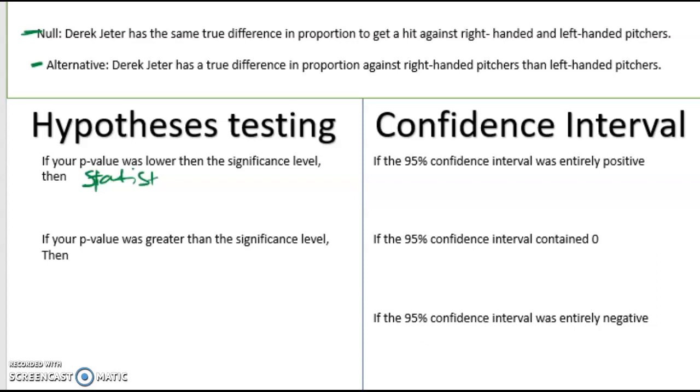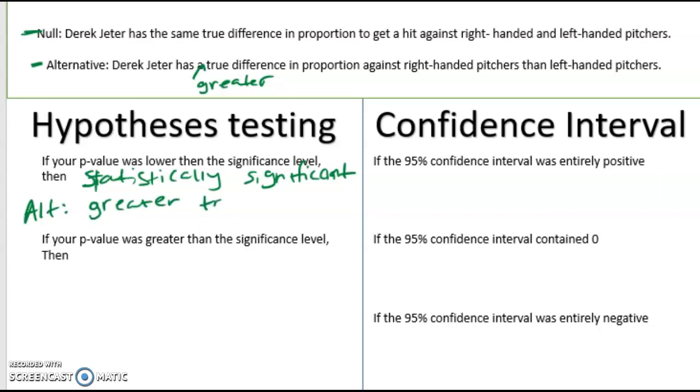And what that meant, if you forgot, is we have evidence that Derek Jeter had a greater true proportion against right-handed pitchers. So it gave us evidence of the alternative that he had a greater true proportion against those right-handed pitchers.